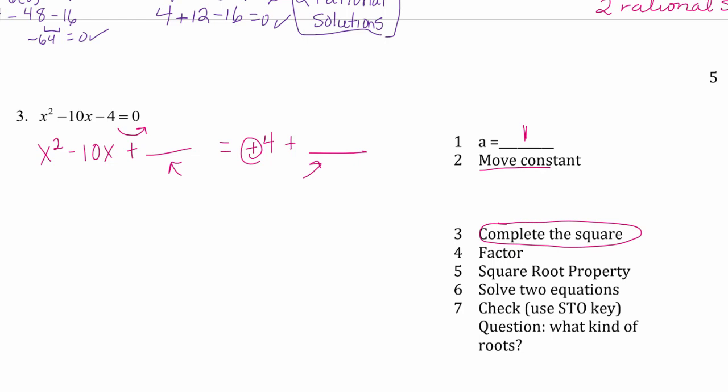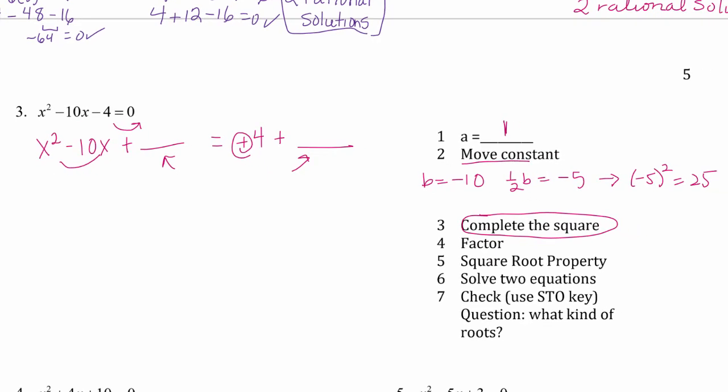So b is negative 10. Half of that is negative 5. Squared is 25. 25 goes here, in a different color, and here. So this 25 goes on both sides of the equation.